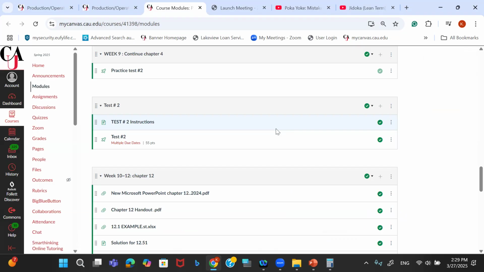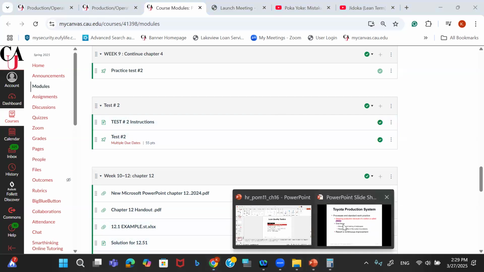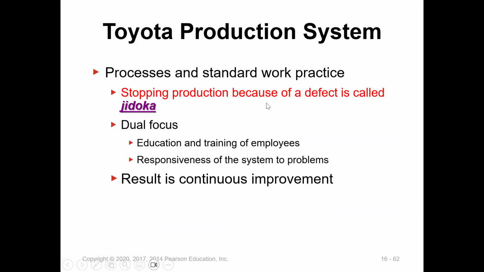When you drive the car, if the engine is overheated, the car will stop right away. This is Jidoka. The car will stop, so you will not burn the engine because it's overheated. The same thing with a laptop or computer sometimes. This is another simple example of stopping production because of defects.